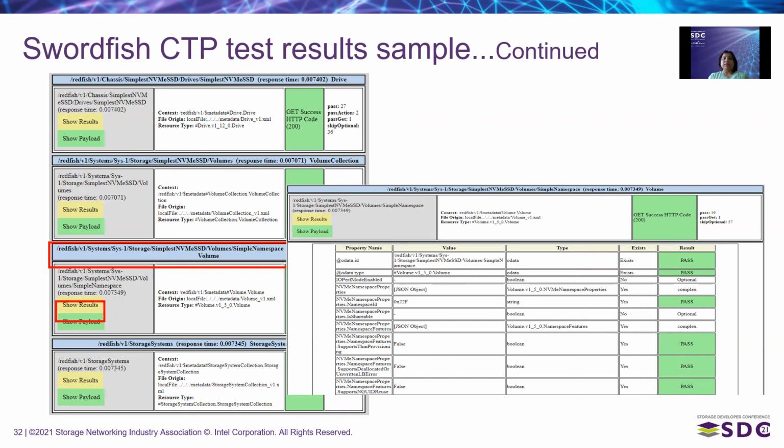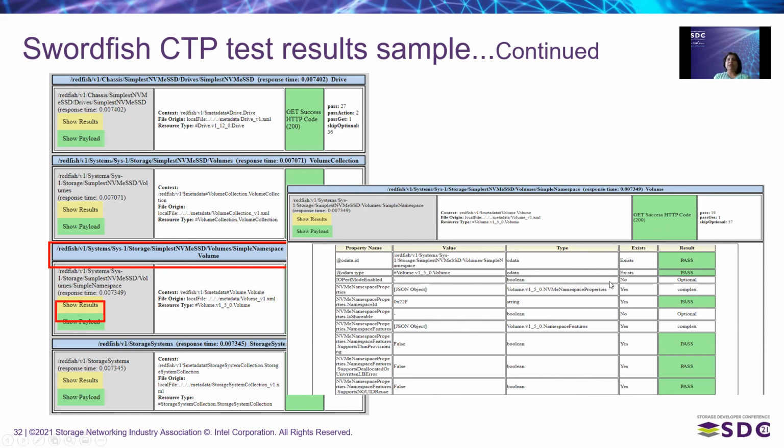Like I said before, there are some properties that you need to have in your resource, and if they are not there, then the CTP will flag them, and then you will know that these are the properties defined by the specification to be mandatory, so we need to have them.